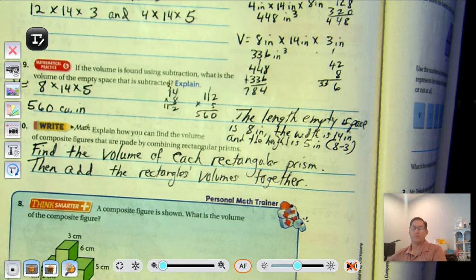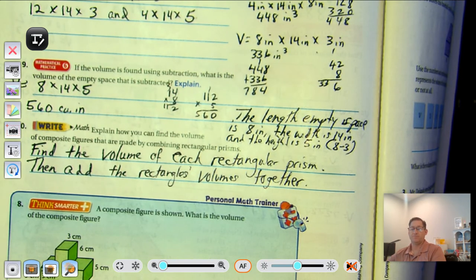All we've been doing is finding the volume of each rectangular prism, and then we combine them. We add them together.